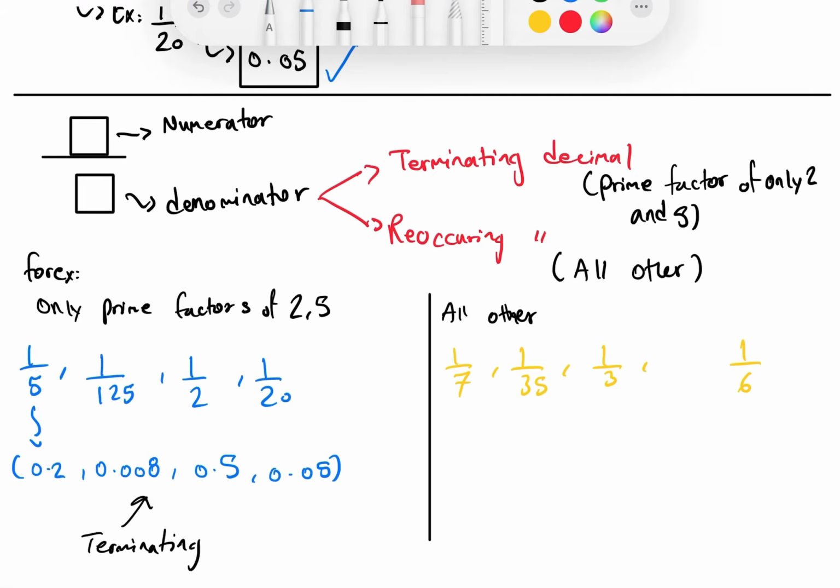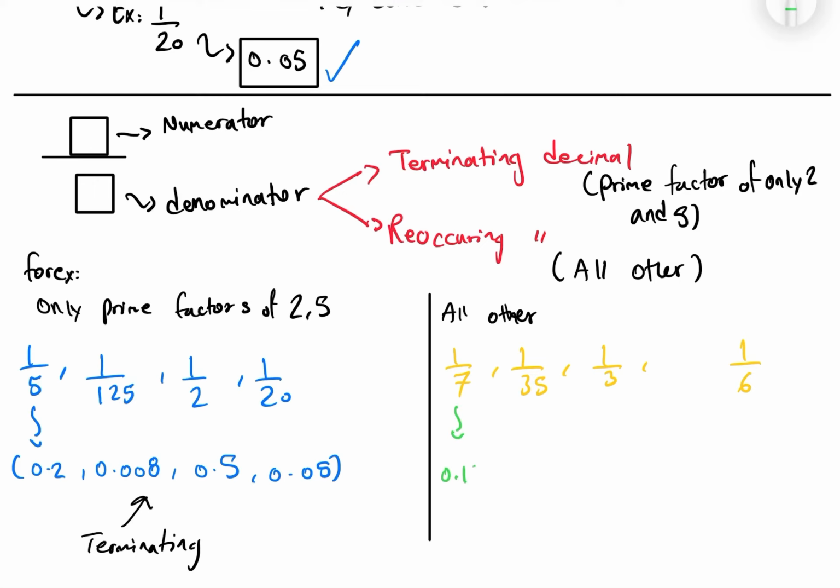Well, pay close attention to this one. 1 over 7, if you put it in a calculator, you get a number like 0.142857. And the repeated pattern is basically between 1 to 7. So all the digits that you have over here, 142857, is the repeated part.